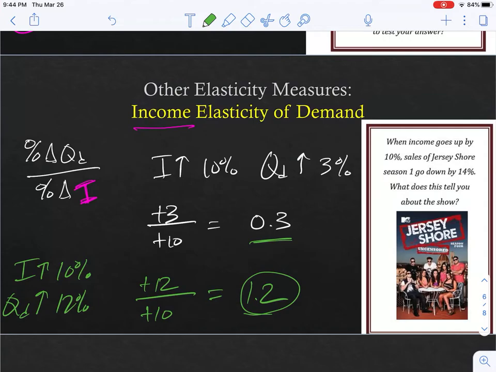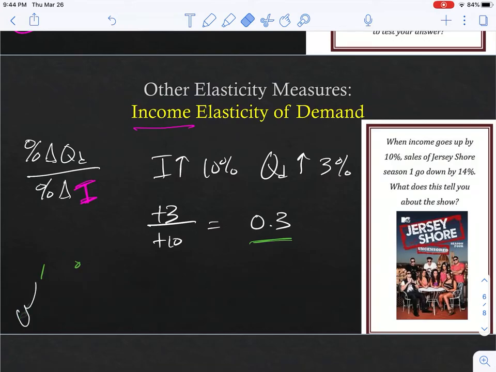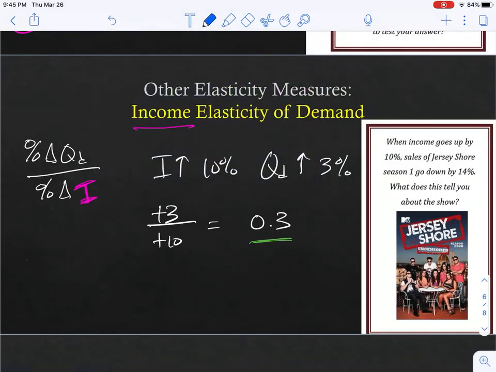But notice in both of these examples, they were positive. What if I told you income goes up by 10% and sales of something go down by 8%?